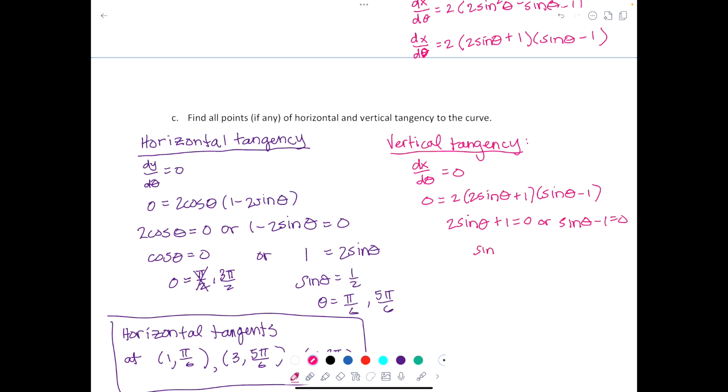So sine theta would be negative 1/2, or sine theta would be 1. On this left-hand side, theta would be 7 pi over 6 and 11 pi over 6. And over here, we would get theta is pi over 2.